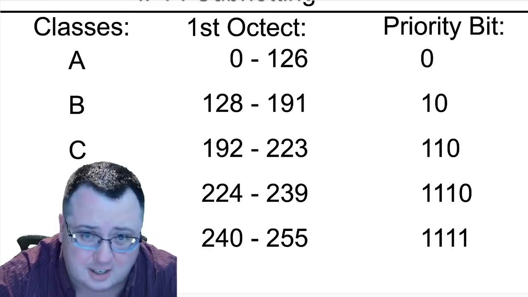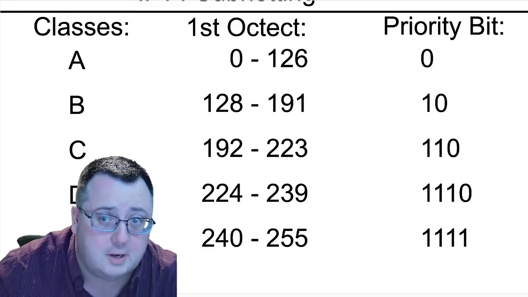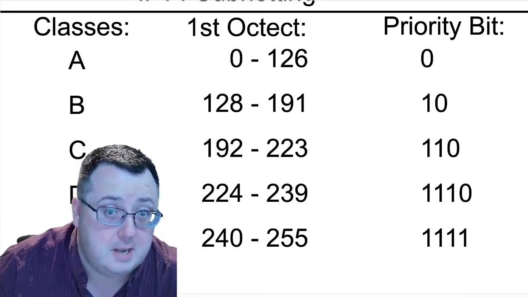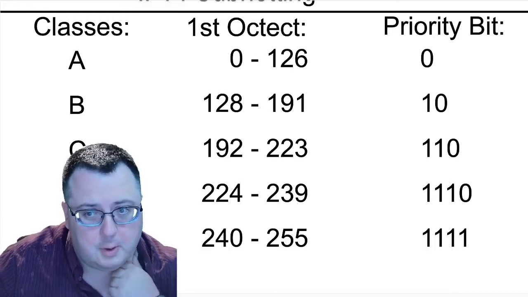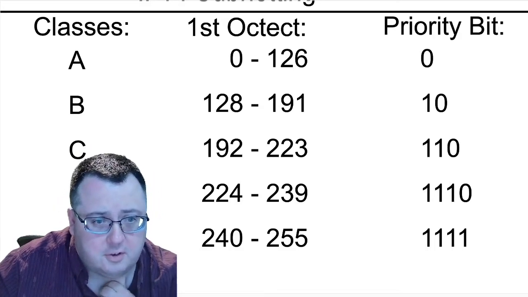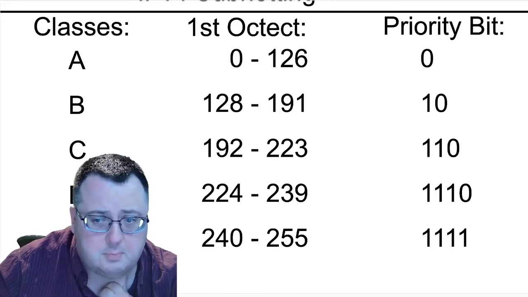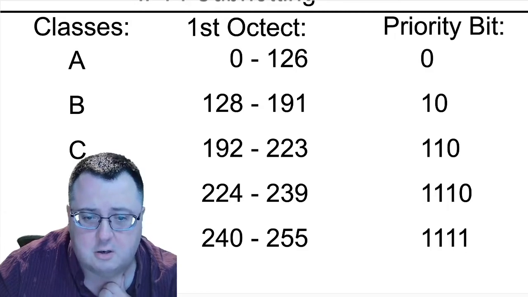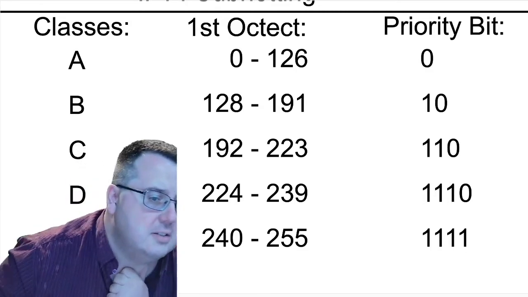So any Class A address will always begin with a 0. Any Class B address will always begin in the first octet with 10. A Class C address will always begin with 110, D is 1110, and E is four 1s.